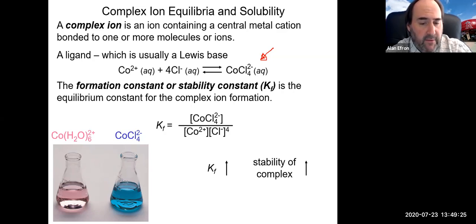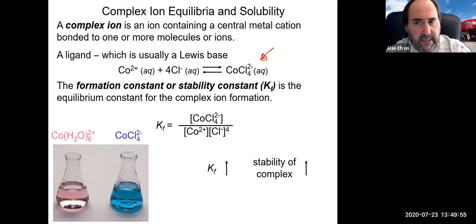As we've talked about, we see different colors depending on the ligands attached and the charge of the metal involved. Here both have an oxidation state of +2 for cobalt, but the one with chloride as the ligands gives us that blue color, and the one with water as the ligands gives us more of that pink color. So this is the Kf value.